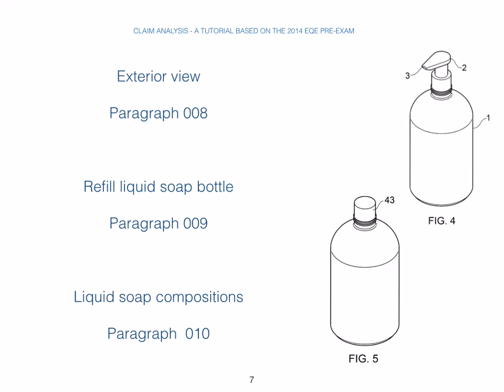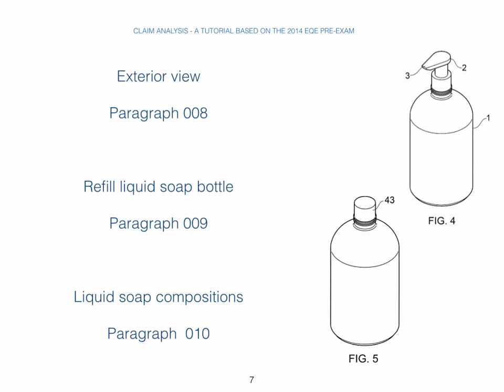Paragraph 8 shows in figure 4 an exterior view of the liquid soap dispenser. Paragraph 9 refers to figure 5, which shows a liquid refill bottle with its screw cap 43.